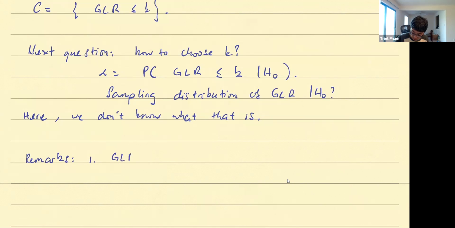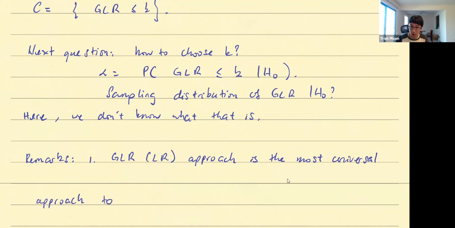The GLR LR approach is the most universal approach to finding the rejection region in hypothesis testing.